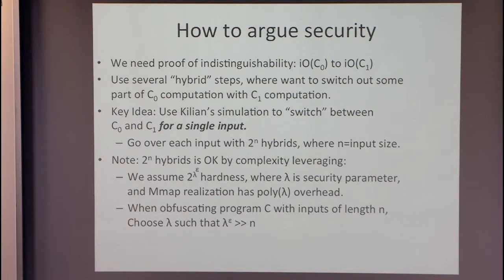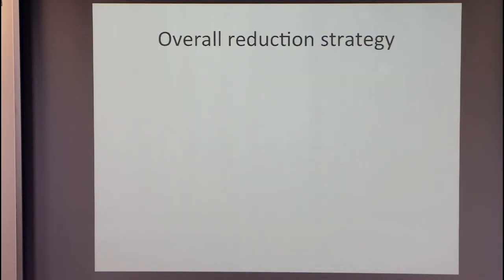So in fact, we'll assume sub-exponentially secure multilinear subgroup decision elimination assumption, and we'll end up with sub-exponentially secure indistinguishability obfuscation. Okay?